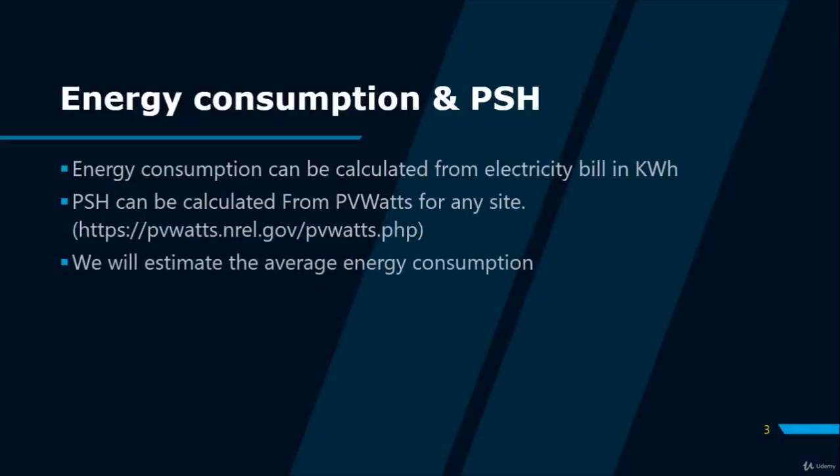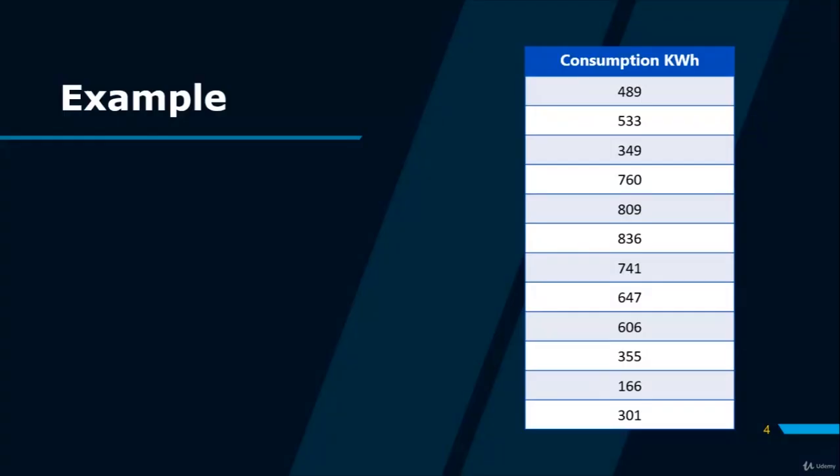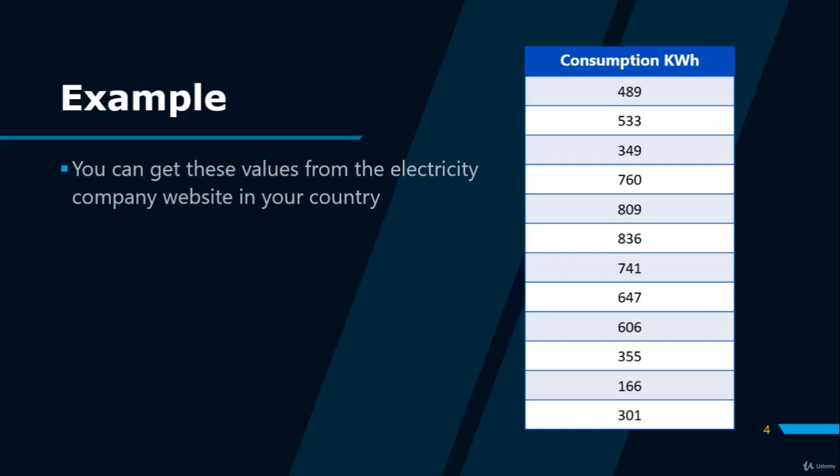After that, we will estimate the average energy consumption, and we need the average peak sun hour for a certain location, as we see. So we need the energy consumption and the peak sun hour. We can find the energy consumption from the electricity bill, and we can find the peak sun hour from the PV Watts calculator. For example, you can get these values of consumption for a house from the electricity company website in your country.